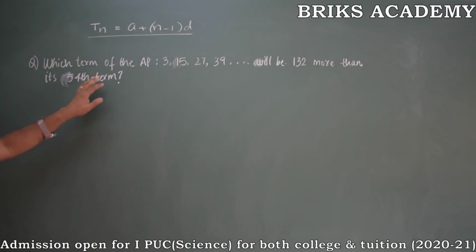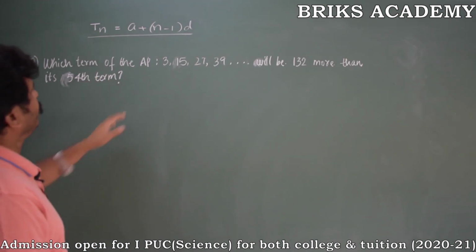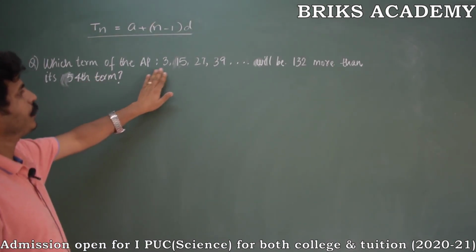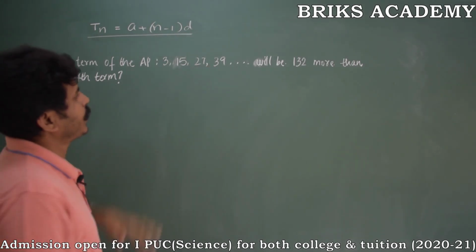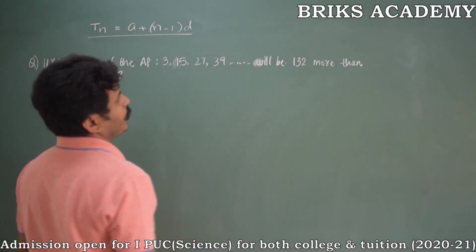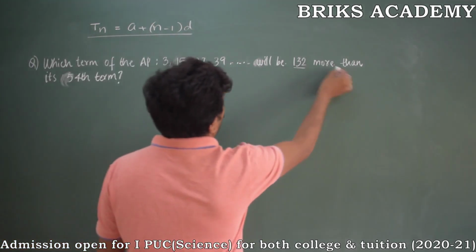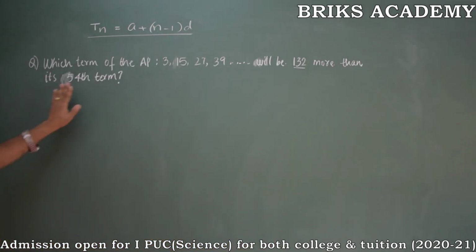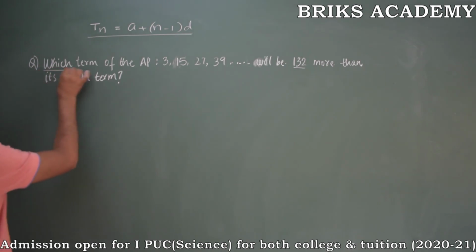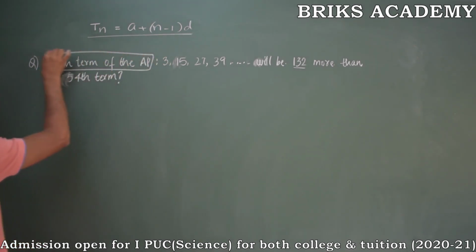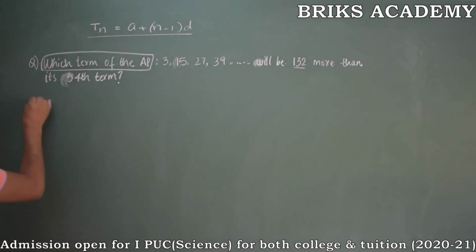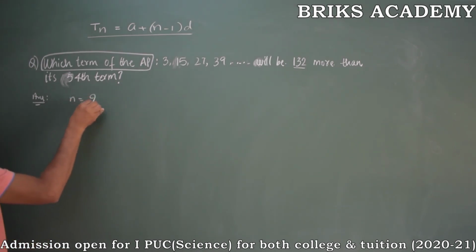Which term of the AP 3, 15, 27, 39 and so on will be 132 more than its 54th term? Which term of an AP? What do you mean by which term? Many times this sentence is repeating. Say nth term of an AP.